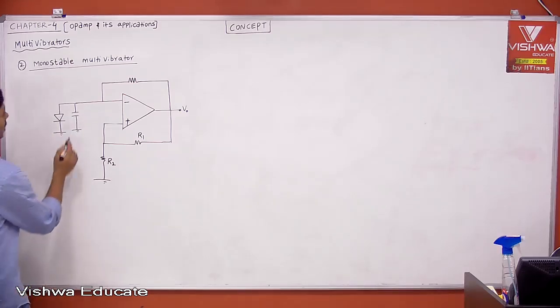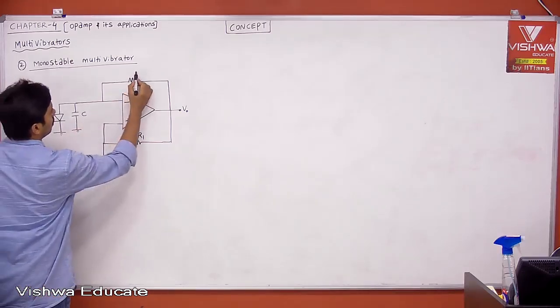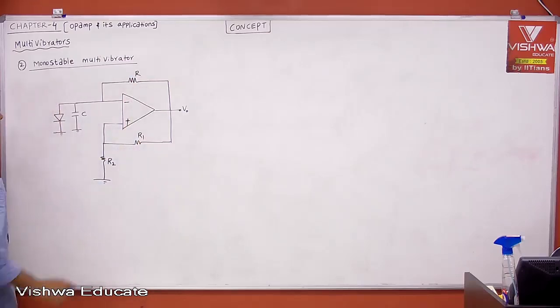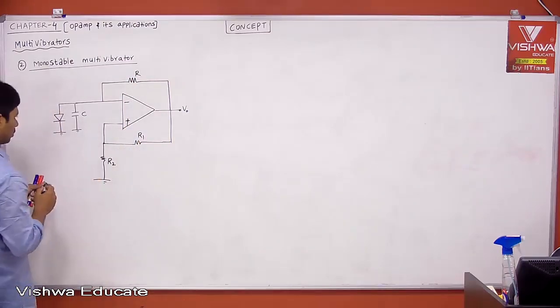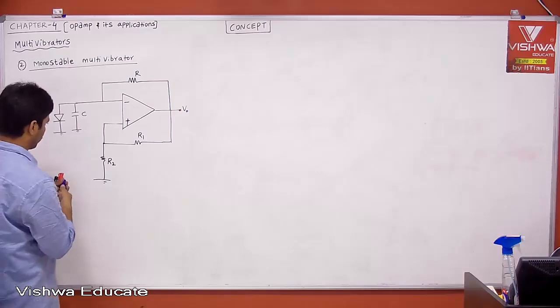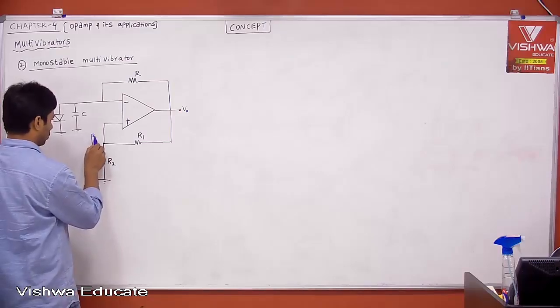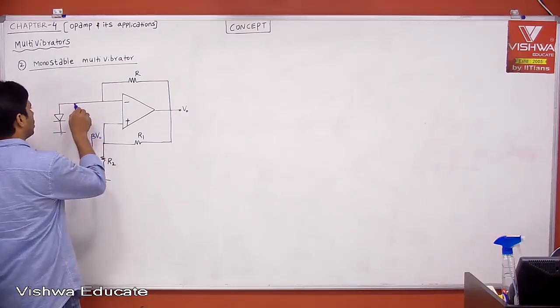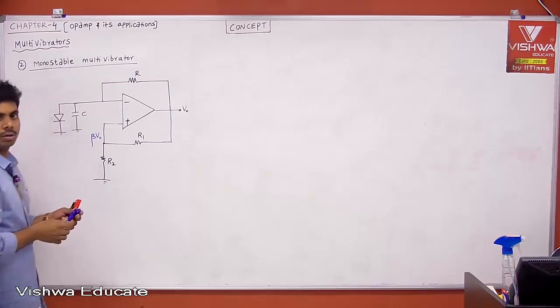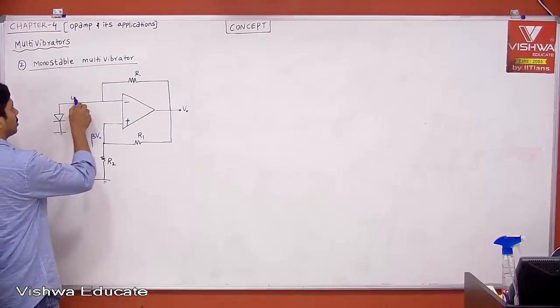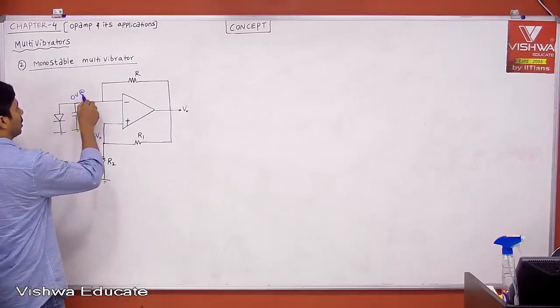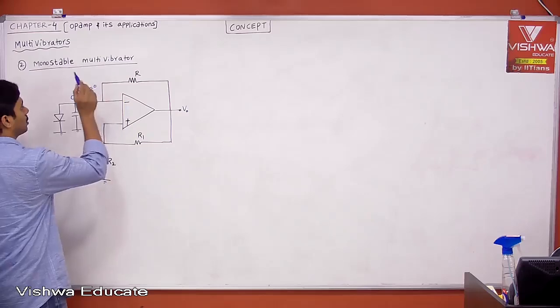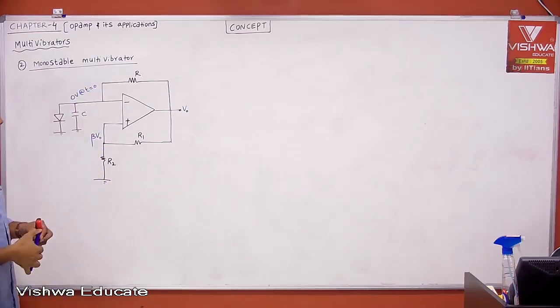Let's see. And this is your beta V0. Initially the voltage across the capacitor is 0. Let us say this is 0 volt at time t equal to 0. Now you can start.